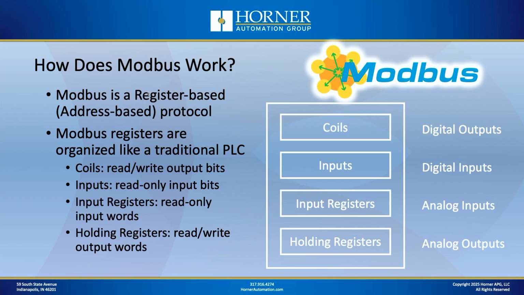That's the name for each of the four different types of memory used in Modbus. Coils and inputs are Boolean data, where coils can be read or written and inputs can be read only. And then input registers and holding registers are word type data, where input registers are read-only and holding registers are read-write.